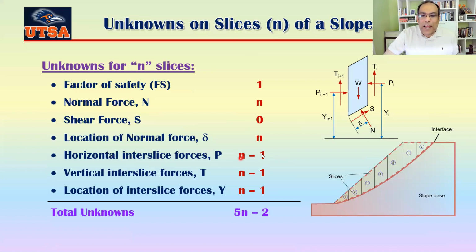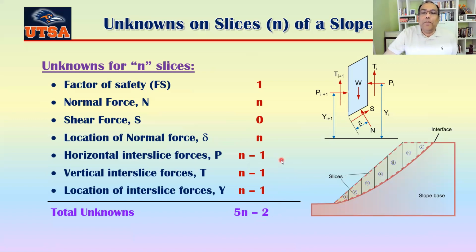That's why this one is n minus 1. Similarly, the vertical interslice force is n minus 1, because here and here you don't have any vertical interslice force. Now the location of the interslice force: if we have n minus 1 forces, then the location is also n minus 1. So the total unknowns is 5n minus 2, okay?